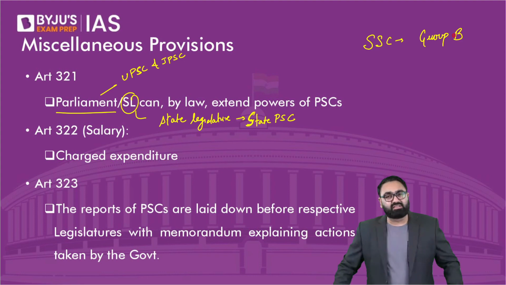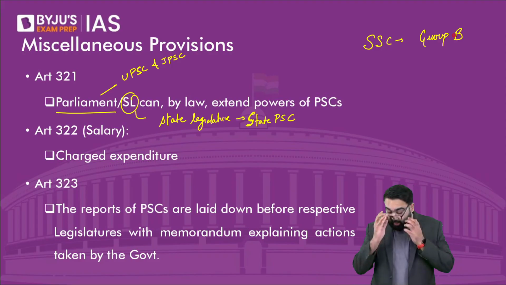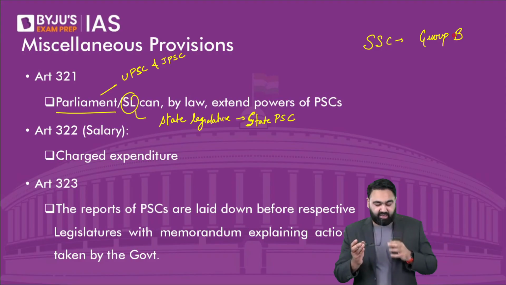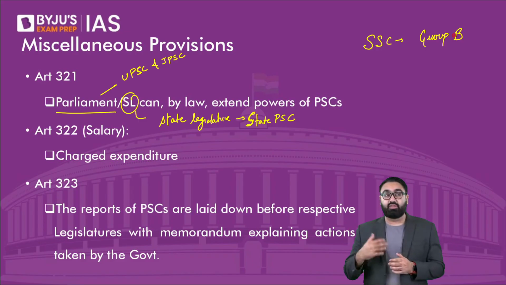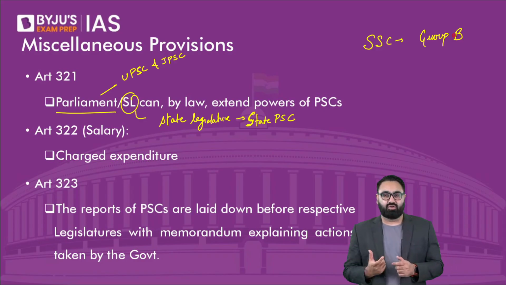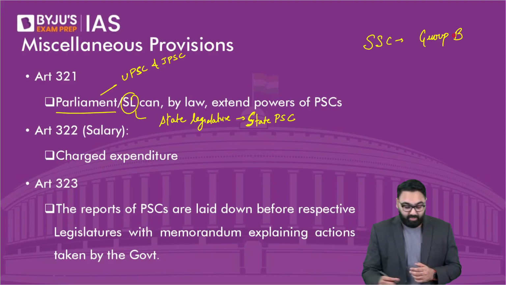The papers get leaked time and time again. The result is never on time. Joining date is delayed. So let's assume the Parliament wants that from tomorrow, UPSC should conduct their exam as well. Rather than SSC conducting the exam, let's have the UPSC conduct the examination for the SSC CGL as well. That's an example of extending the powers of UPSC. So UPSC's powers can be extended by the Parliament.